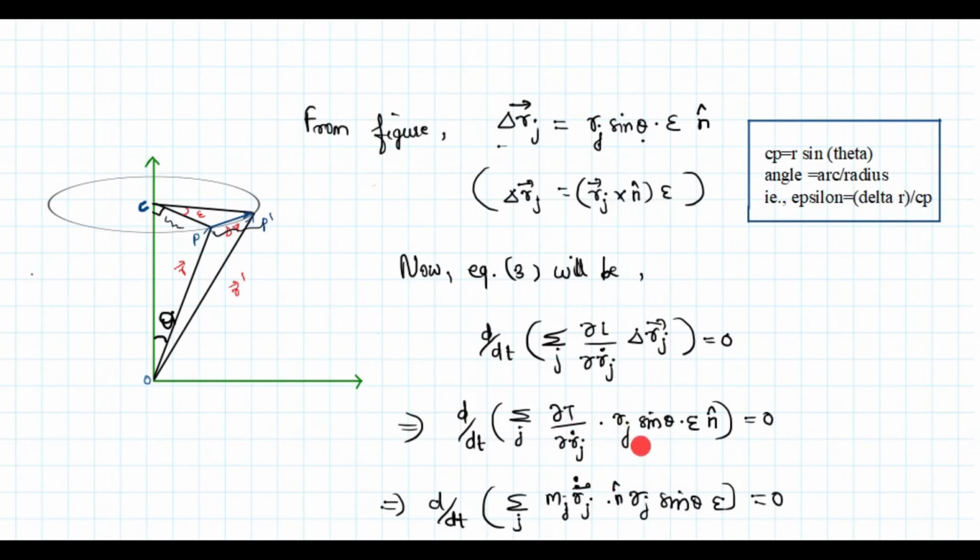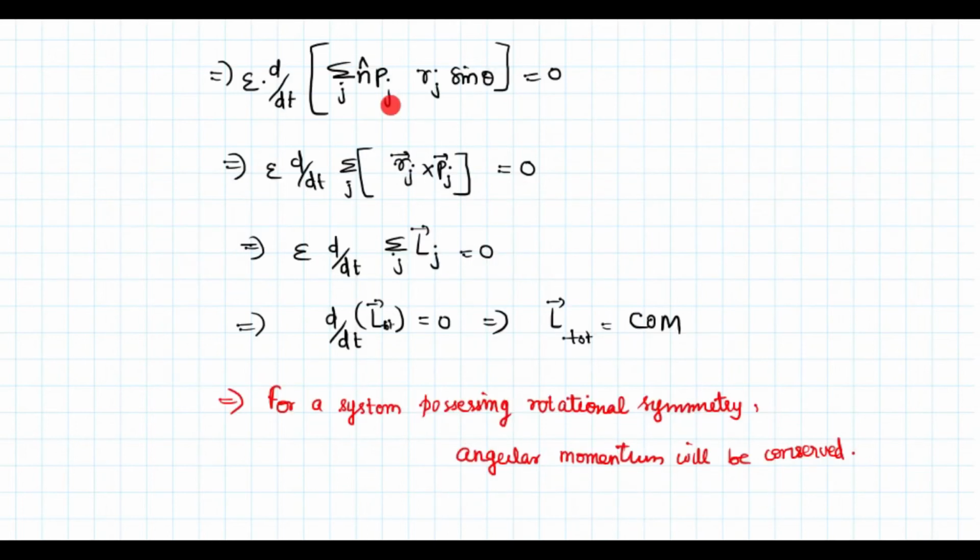Now ∂L/∂rj dot is nothing but ∂T/∂rj dot, which is equal to mj rj dot. So you have d/dt of summation over j mj rj dot, n cap, Rj sin theta epsilon equal to 0. Now mj rj dot is nothing but Pj, the linear momentum of the particle. So finally you have summation over j n cap Pj Rj sin theta equal to 0.